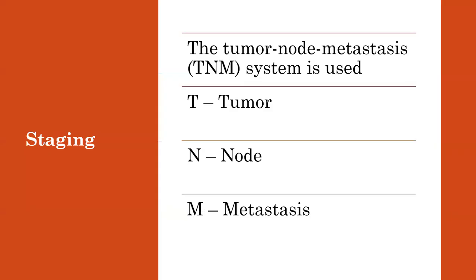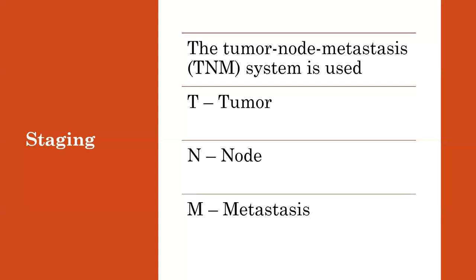Now, staging, this is looking at our clinical implications. So the tumor node metastasis system is used. What they're looking for is looking at the tumor itself to see if it has invaded any of the surrounding tissues. They also will look at the lymph nodes to see if there's any cancerous cells within the lymph nodes.